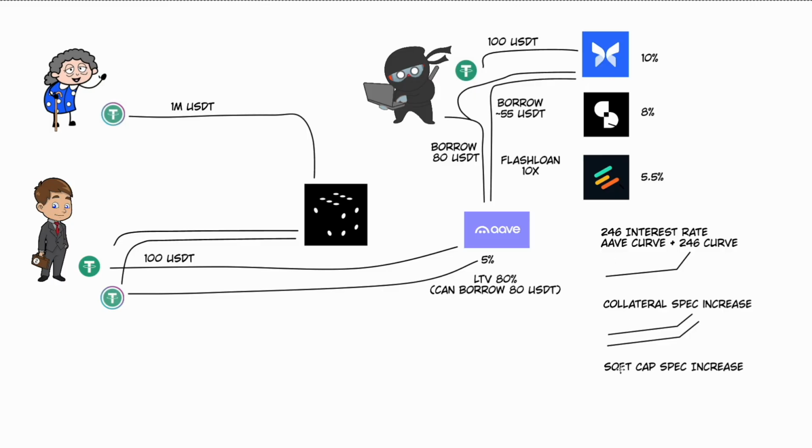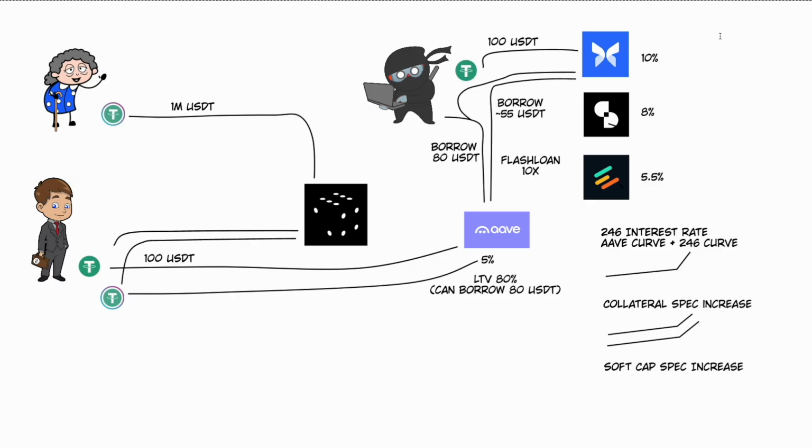But they have these soft caps where, if say only 20% of all of the 1 million and 100 USDT is sent to Morpho, then you will just pay this collateral specific increase. But if something like 80% or that soft cap is crossed, then there will be another further increase in that hockey stick. So then it'll go up even farther, because they're trying to reduce the risk of all of the borrowing from AAVE via the 246 going to the same place, right?